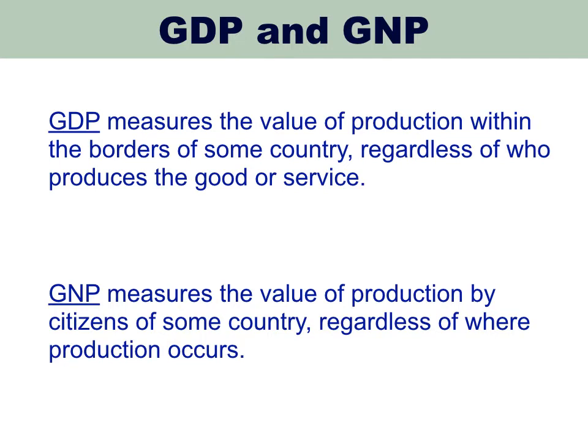Gross national product, or GNP, is a measure of how much is being produced by a country's citizens, right? So gross national product is based on your nationality. Let's give a quick example. If you are a Canadian citizen producing in Canada, then you are contributing to Canada's GDP because you are in Canada while you produce.